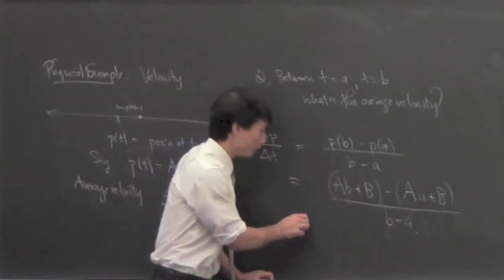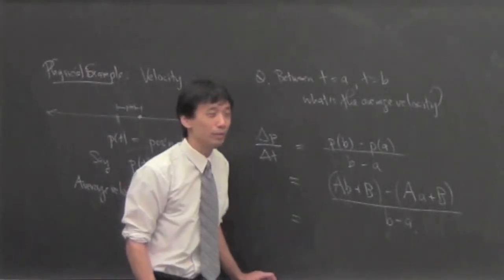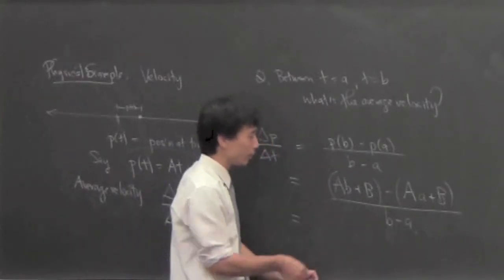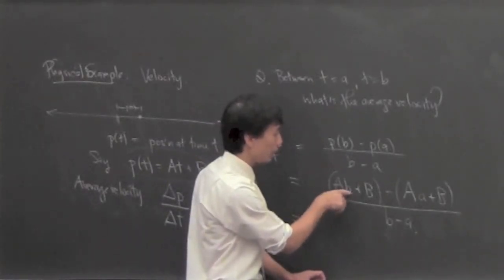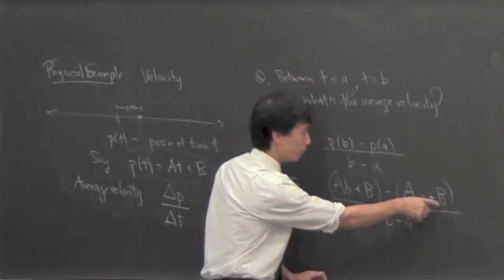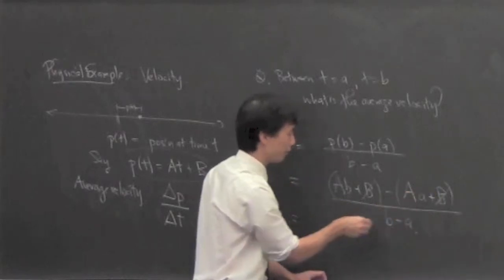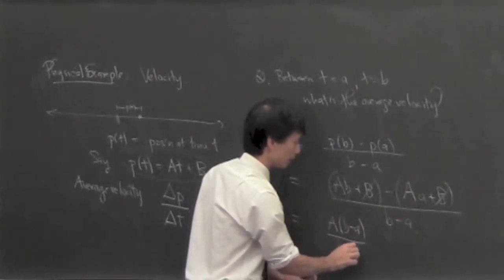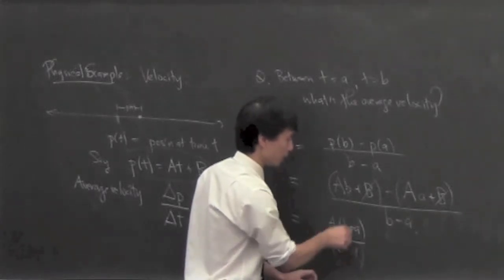Who knows what that works out to already? It works out to big A, because you get Ab plus B minus Aa minus B. So the B's cancel off, and you get A times (b minus a) over (b minus a). Those cancel off.